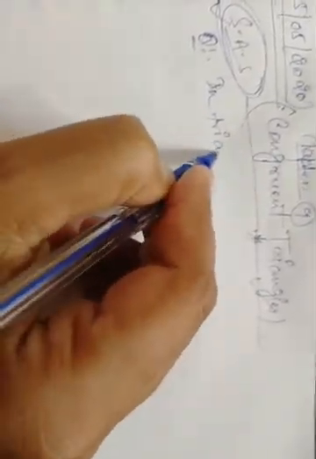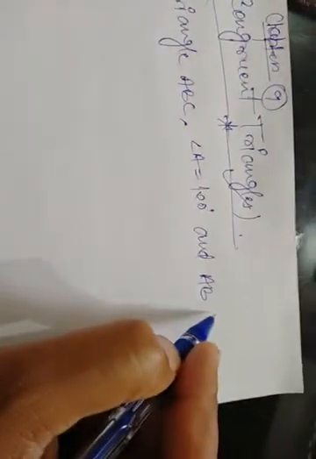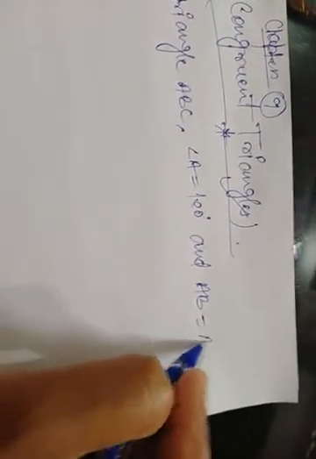Your question is, in triangle ABC, angle A is equal to 100 degrees and AB is equal to side AC.